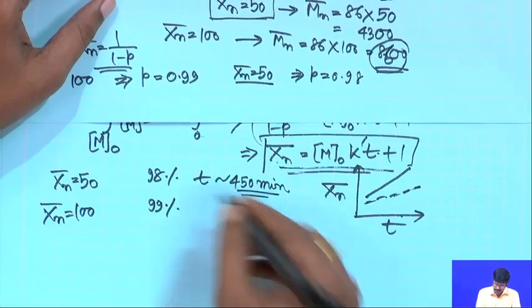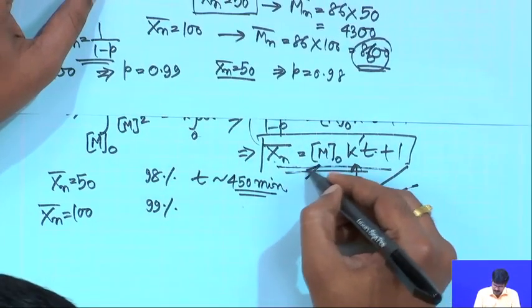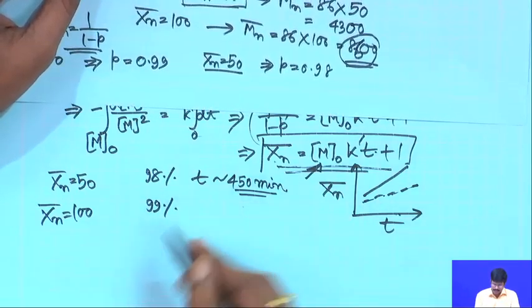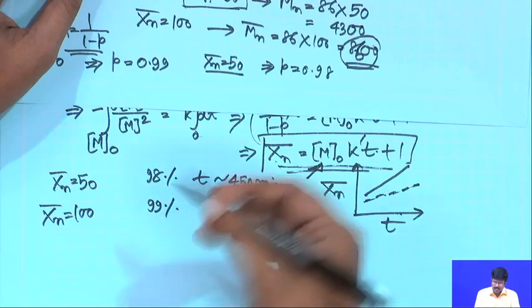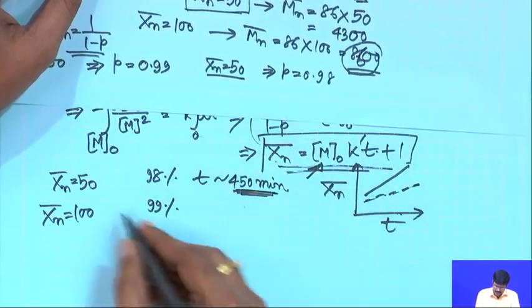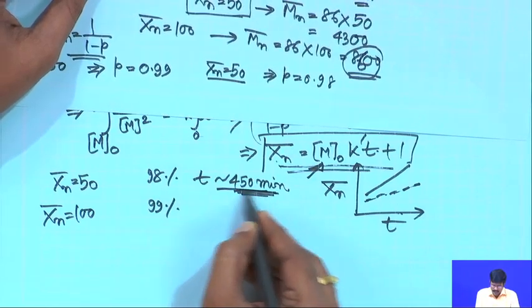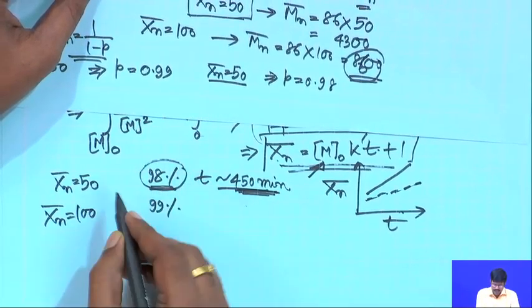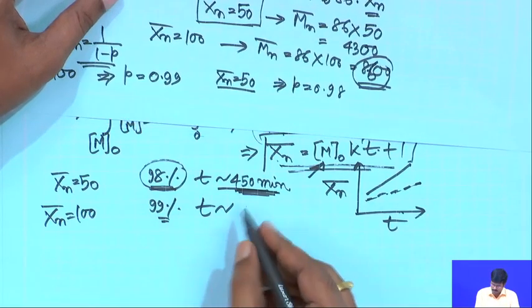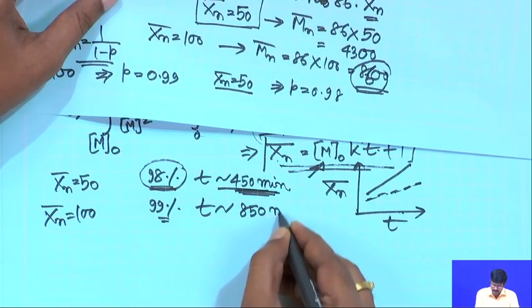As a matter of fact, you can put it in this particular equation also, but if you look at the exact experiment that was done in order to derive this, it is not ethylene glycol that they used, it is diethylene glycol. So, the point is the time it takes for 98% of the reaction to be completed, versus the time it takes for 99% of the reaction to be completed, which was 850 minutes.